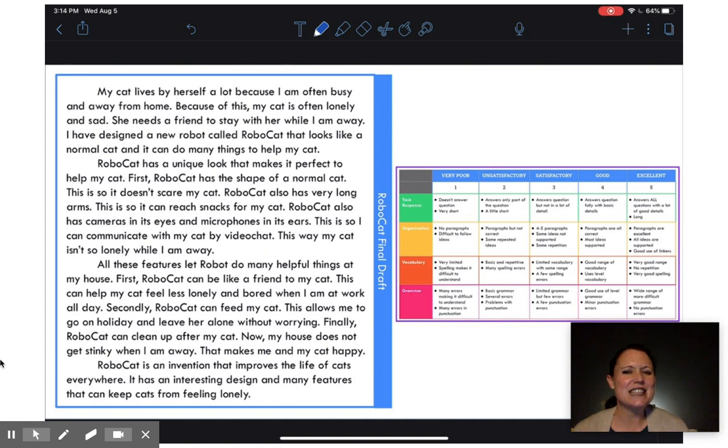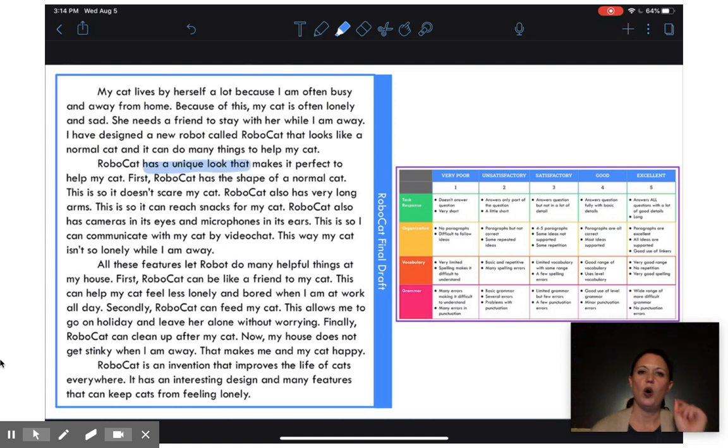So let's start with task response. Does my RoboCat essay answer our essay question? Is it long enough? Well, we know our essay question was to describe a new robot and describe what it looks like and what it can do. And I know that my RoboCat essay does that.